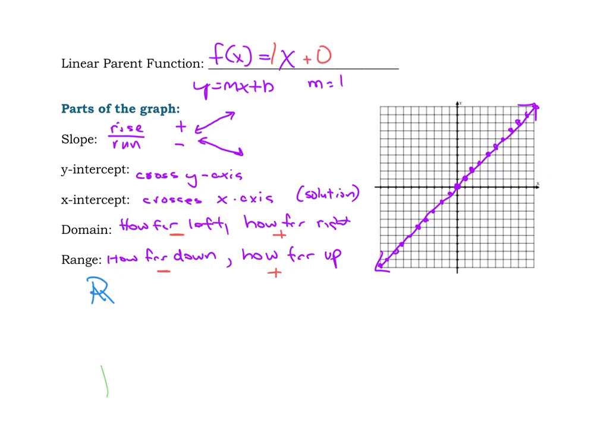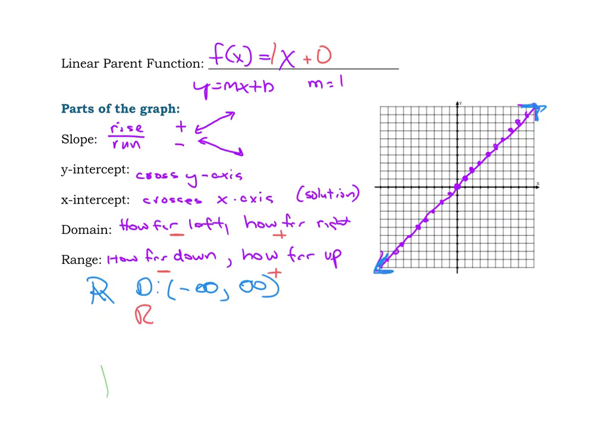Well, we're going to use interval notation this year, so the way that I would show domain is the far left is an arrow, so I would say left is negative infinity because it goes towards the negative, and how far right is an arrow, and that is infinity. So that would be the domain of this function.